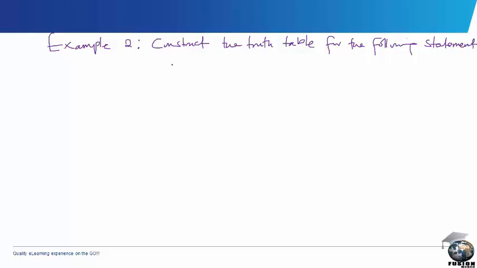Alright, and the first statement we have here is A implies, A implies B in a bracket.